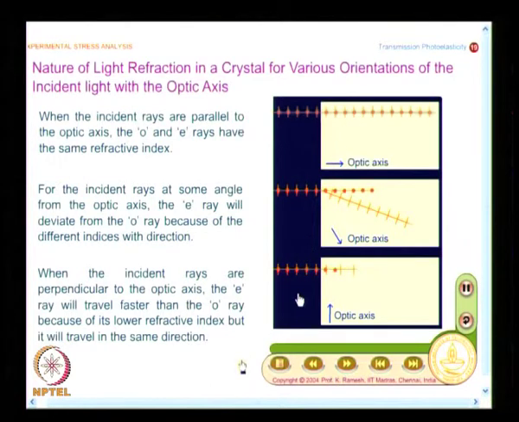In the third case, both the ordinary and extraordinary rays travel in the same direction, but because of different refractive indices, they travel with different velocities. So, for one incident beam, I have two refracted beams, their planes of polarization are mutually perpendicular, and they also acquire a retardation within the crystal.